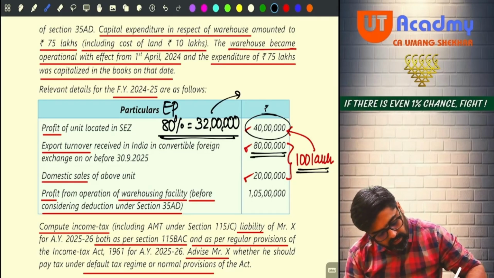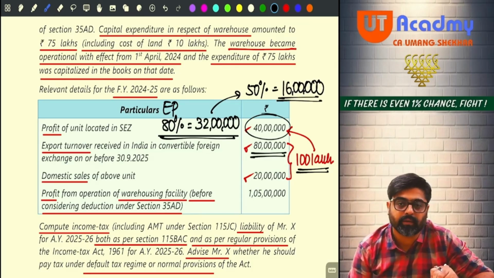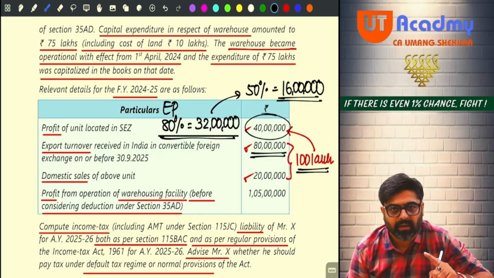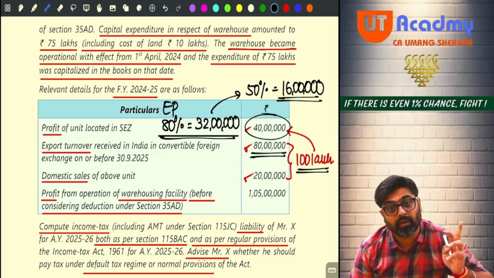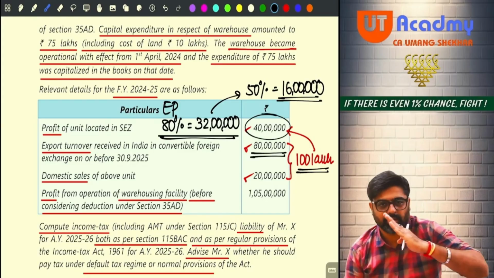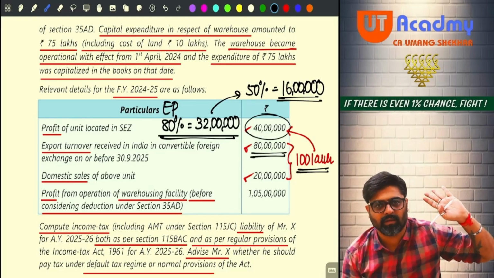Out of this, only 50% will be allowed under 10 AA. That is 16 lakhs. Getting my point, sir? The balance amount will be taxable. Balance 16 will be taxable, and that 8 lakh remaining will also be taxable. Because 32 lakhs out of 40 is export profit, so 8 lakh is anyways taxable.